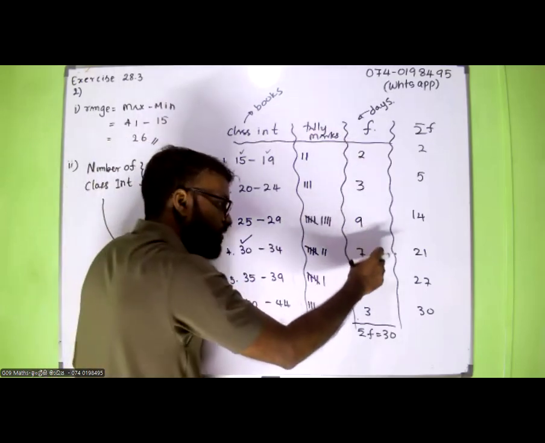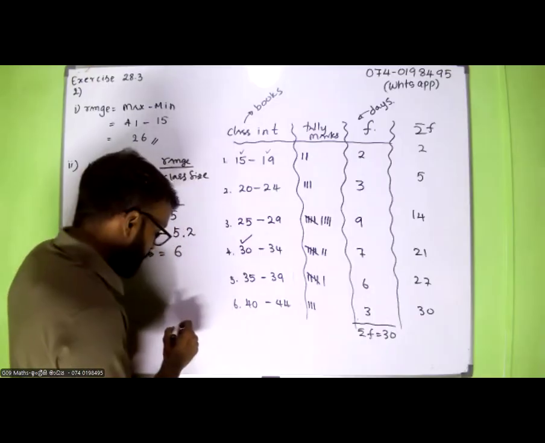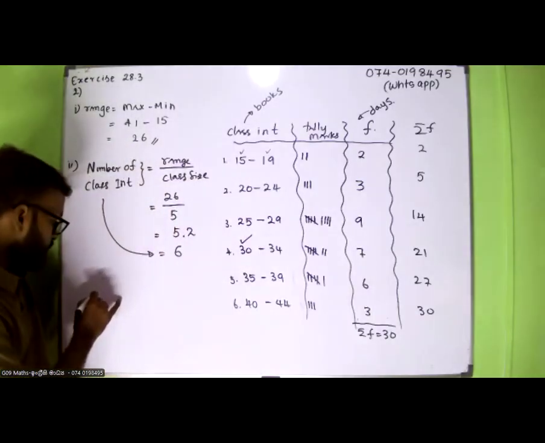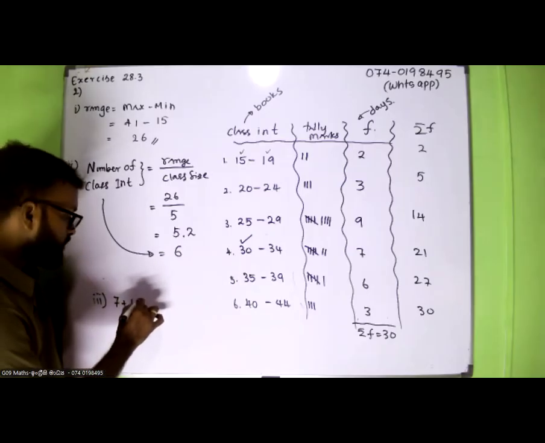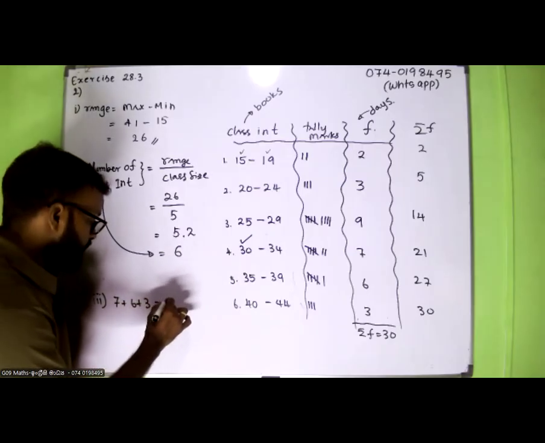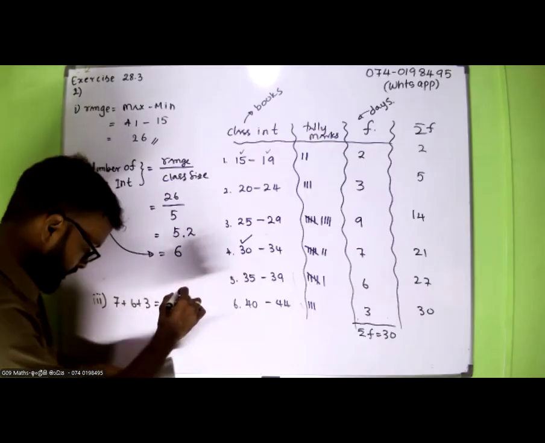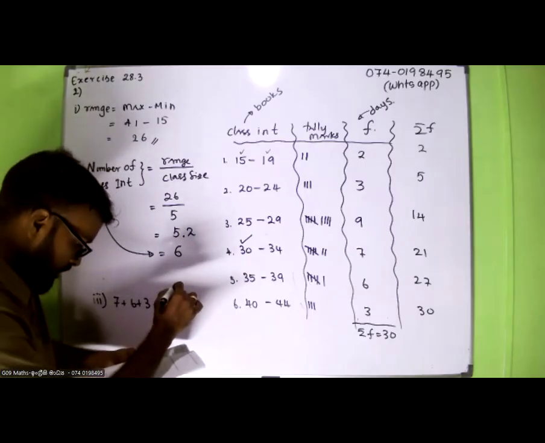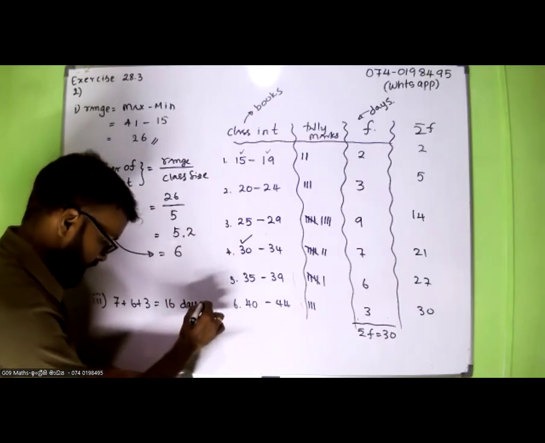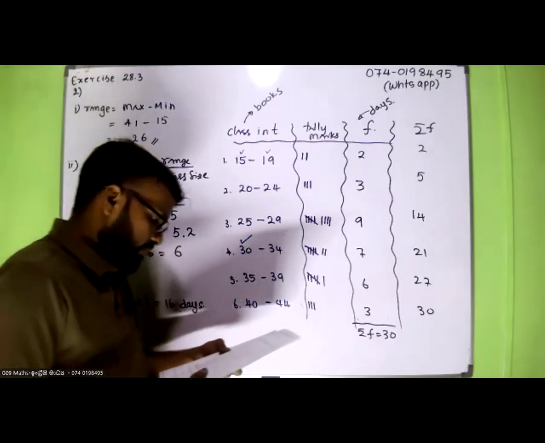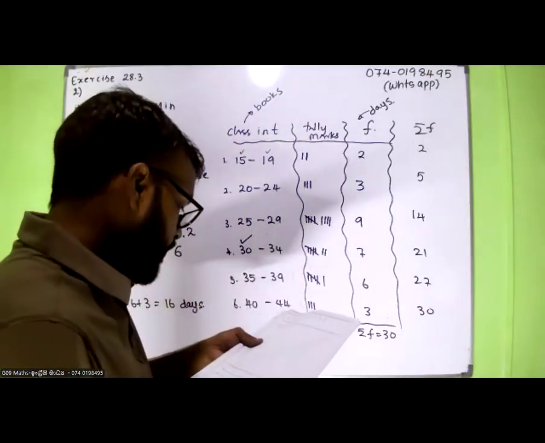So you have to add 7 plus 6 plus 3. For the third one, your answer will be 7 plus 6 plus 3, 16. So 16 days. Find the number of days.